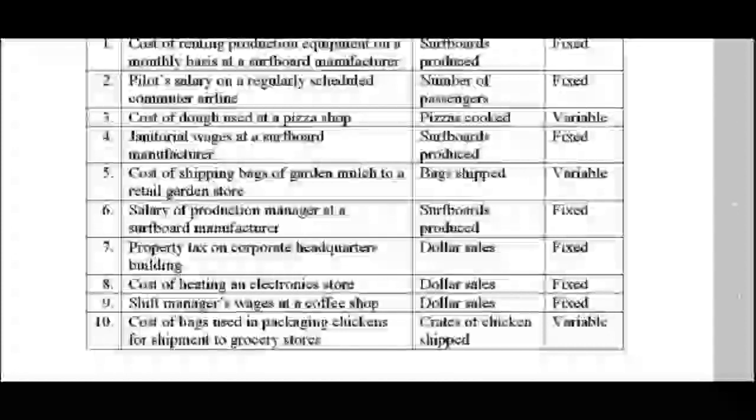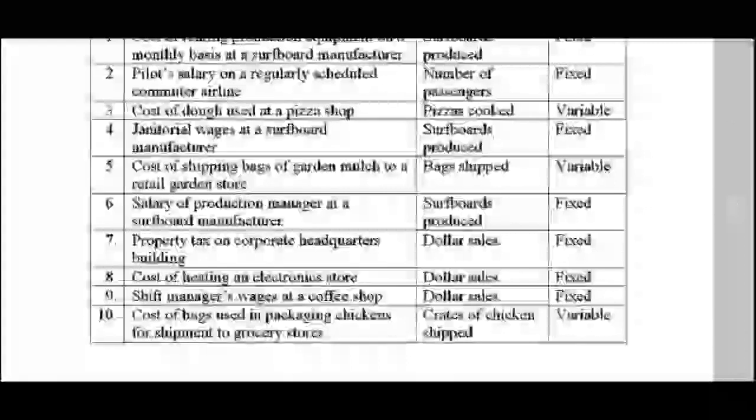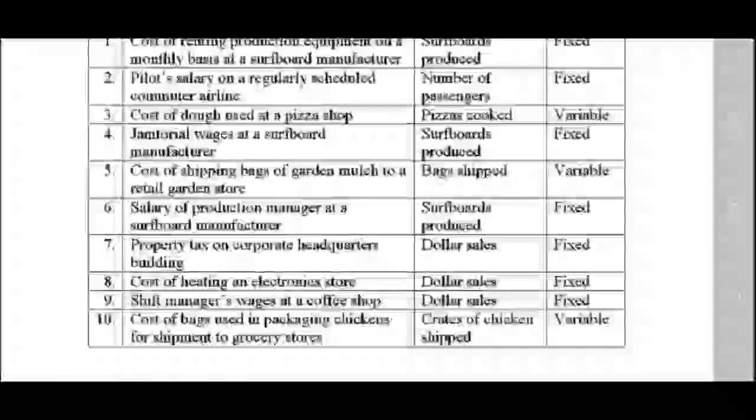So their salary is an example of a variable cost. Okay, number 7, property tax on corporate headquarters building. Property tax is always fixed. Every year, the property tax is related to the value of the building, not related to the quantity or activity of production. Okay, number 9, shift managers' wages at a coffee shop. It is fixed. Always remember, manager salary is always a fixed cost.